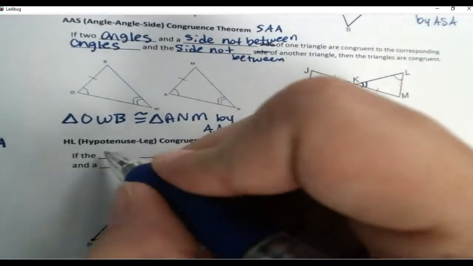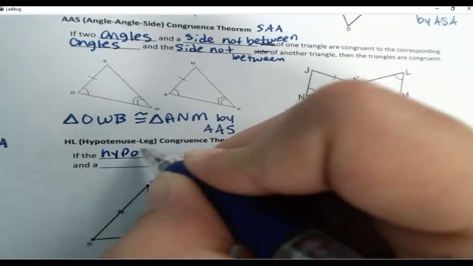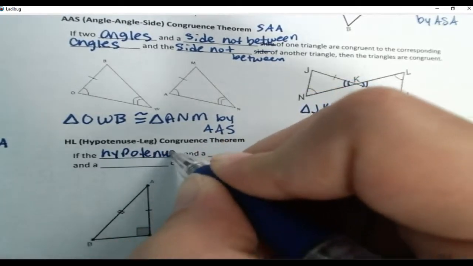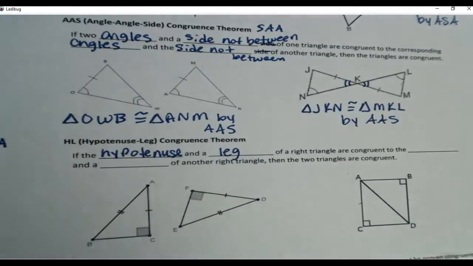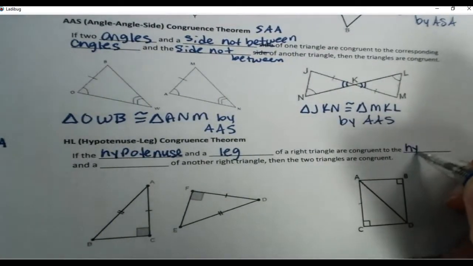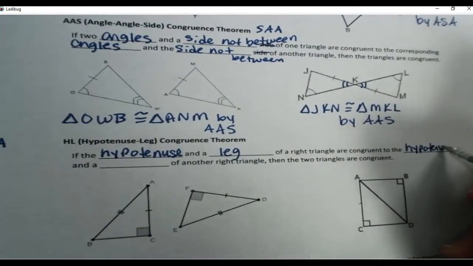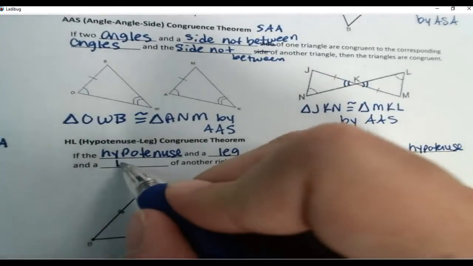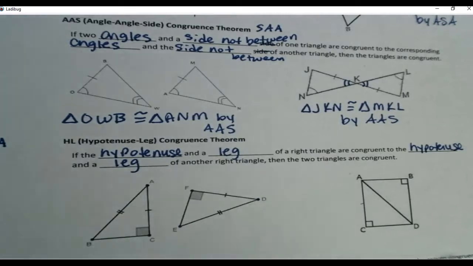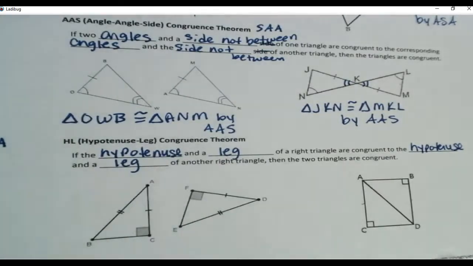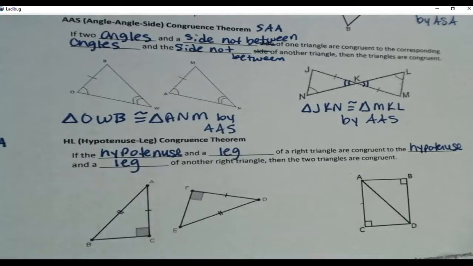So if the hypotenuse and leg of one right triangle are congruent to the hypotenuse and a leg of another right triangle, then they are congruent. And so again, just because it's a right triangle doesn't mean it's going to be hypotenuse leg, but it has to be a right triangle in order to be hypotenuse leg.